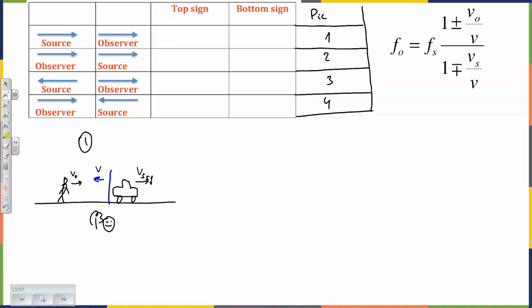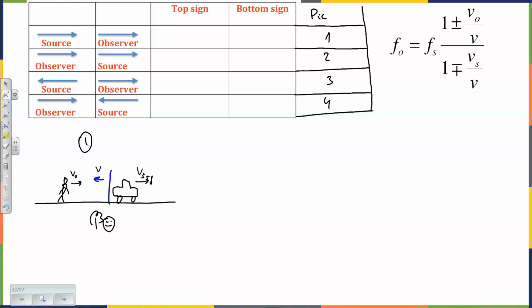The equation is always the same. So now, for the top sign, we have to look at the relative motion of the wave fronts and the observer. That's what we call closing. So the speed of waves relative to the observer should be higher compared to the stationary case.